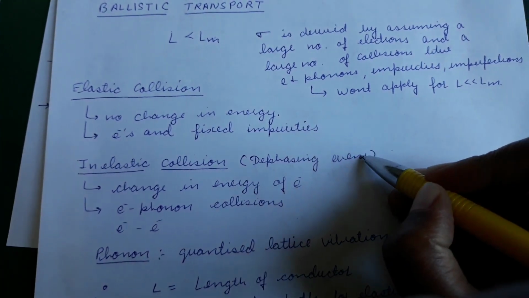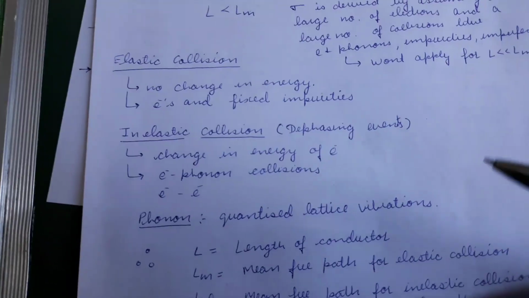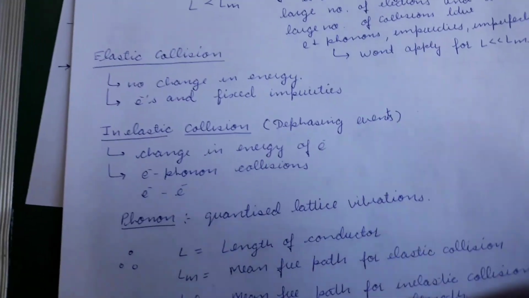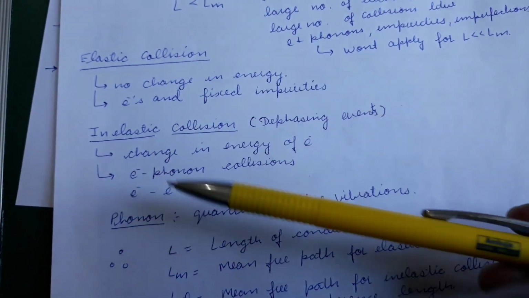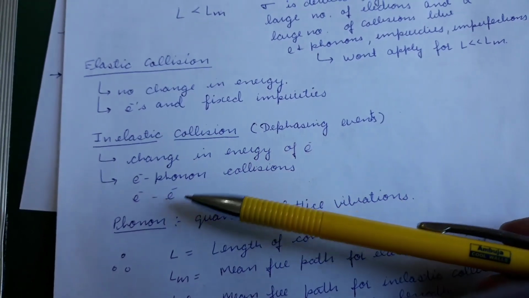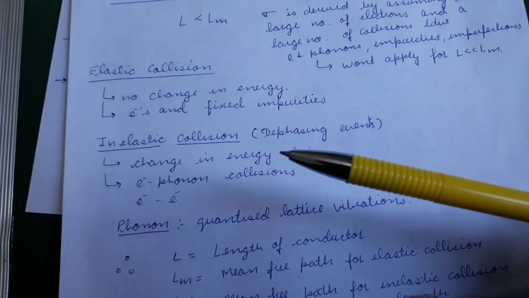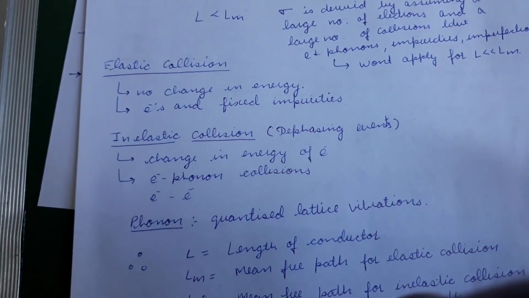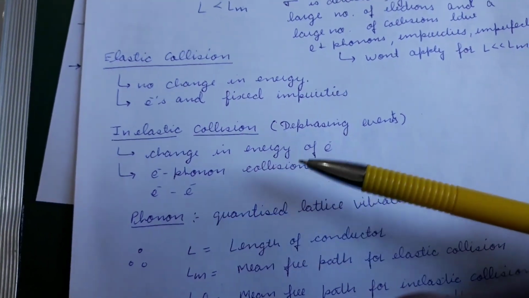Dephasing means that the phase coherence will be lost, because we are considering the wave nature of the electron. It has some phase with which it moves through the lattice. If it is an elastic collision, it will never lose its phase, while if it is an inelastic collision, with phonons, it will lose its phase, which is an unpleasant situation that is not required.